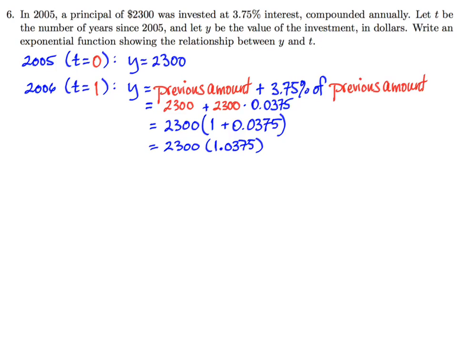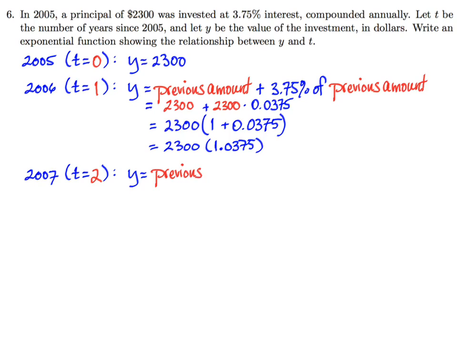So let's see what happens a year after that, in 2007. So 2007 is 2 years after 2005. So now we're going to take the previous year's amount and add the interest to it to get the new amount.